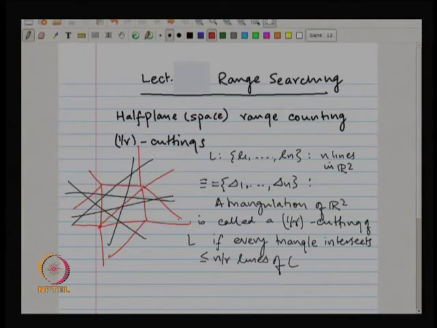These vertices of the triangulation have nothing to do with the arrangement, they can lie anywhere. What you need is the property that if you take any triangle and you count the number of lines that intersect the triangle, there are only at most n over r. So, every triangle intersects a few lines, not many.